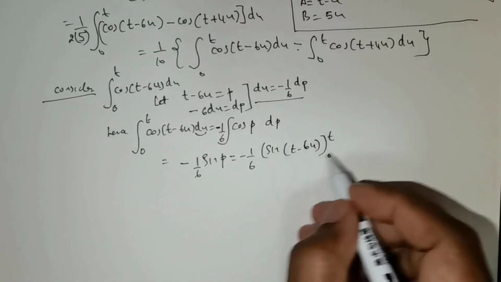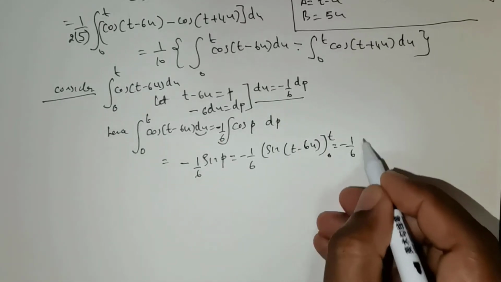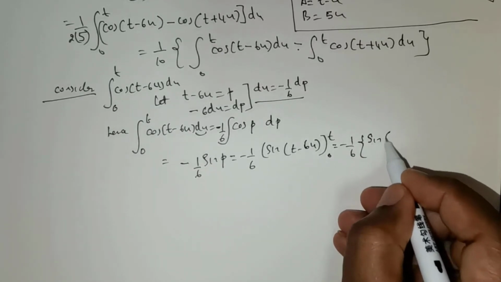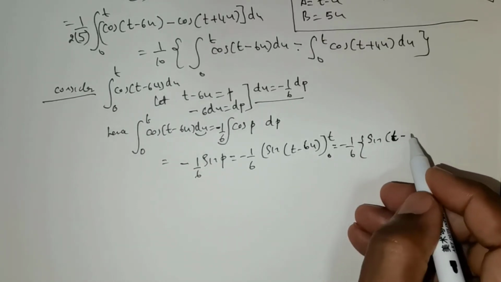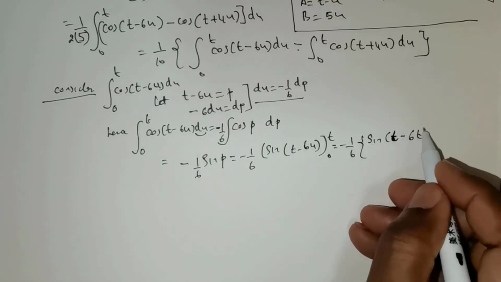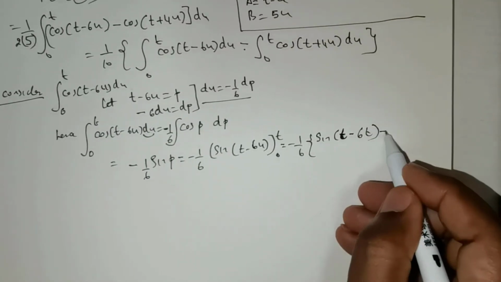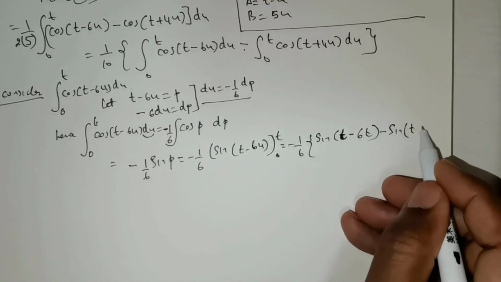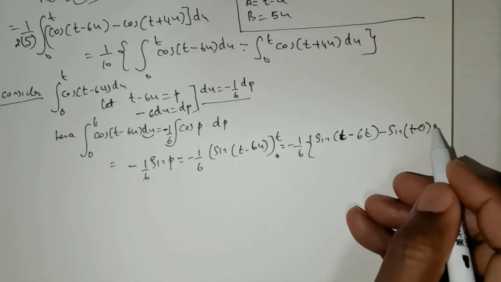So I substitute the limits. It's going to be negative 1 over 6 times sine of (t − 6t), followed by minus sine of (t − 6 times 0), since in place of u you substitute 0.